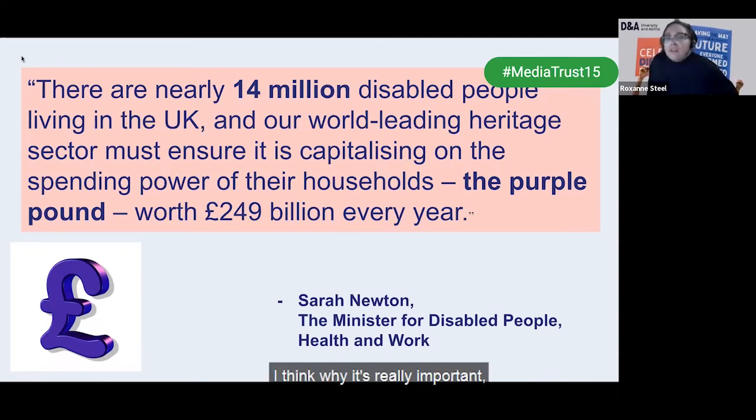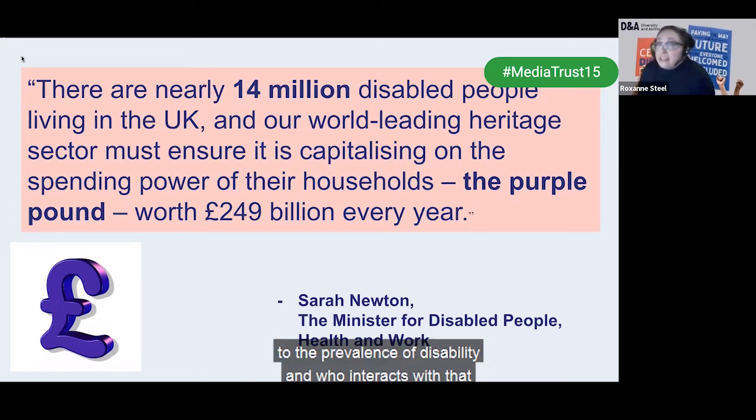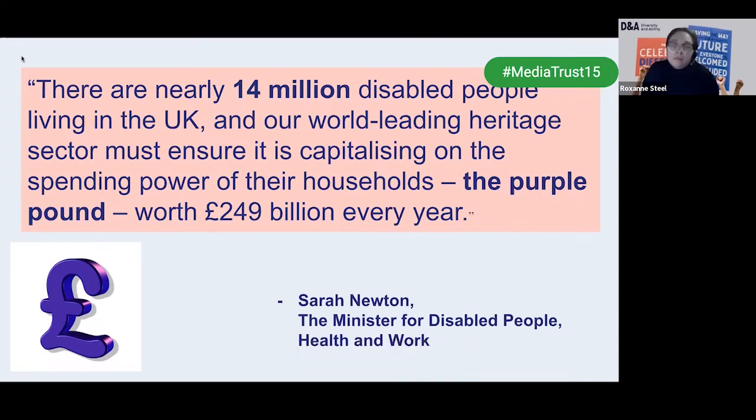I think it's really important not only to think of it financially, but actually I think that speaks to the prevalence of disability and who interacts with that, and potential recruitment pools and audiences that we really need to take into consideration.